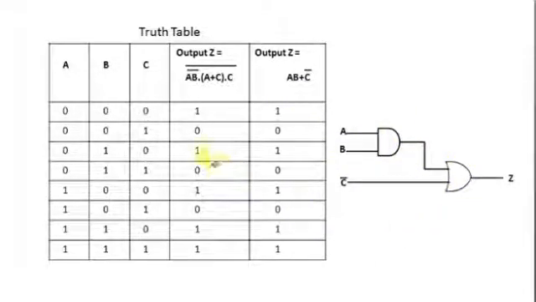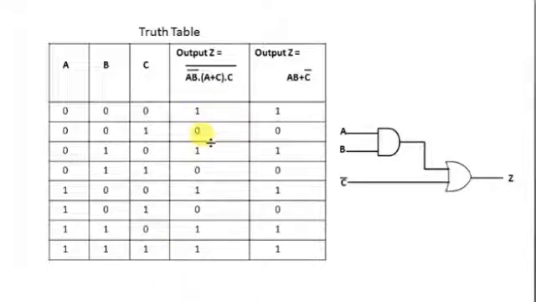We can also verify this by giving inputs to this expression and the original expression. You will see at A, B, C equal to 0 0 0 the output will be 1. You can verify this for all 8 combinations: 000, 001, 010, 011, 100, 101, 110 and 111.